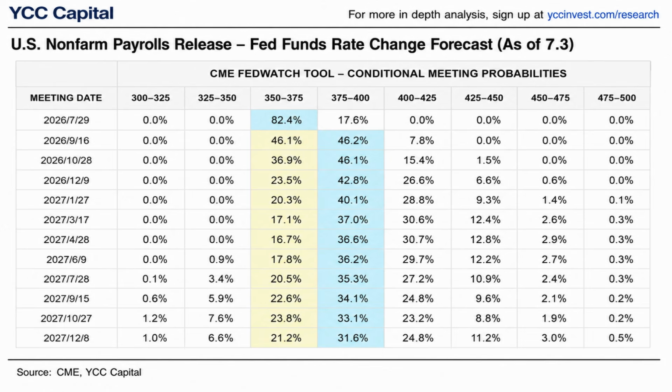Conversely, if labor conditions deteriorate unexpectedly, markets are already positioned to price in additional easing relatively quickly. The key message from this probability matrix is that investors are no longer expecting dramatic policy swings. Instead, they anticipate a Federal Reserve that remains patient, flexible, and firmly dependent on the incoming data.